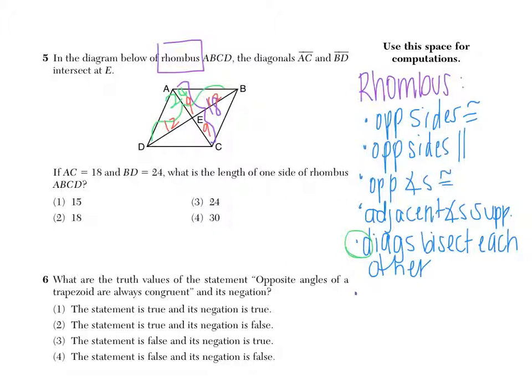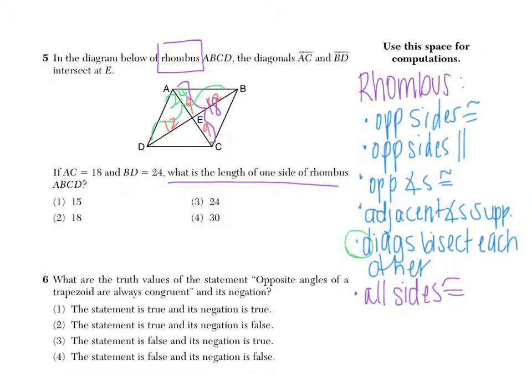Another property of a rhombus is that all sides are congruent. Not only are the opposite sides congruent, but every single side here is congruent. So that's why it says what is the length of one side of the rhombus. It doesn't matter which one we solve for. We're going to find the correct length no matter what.